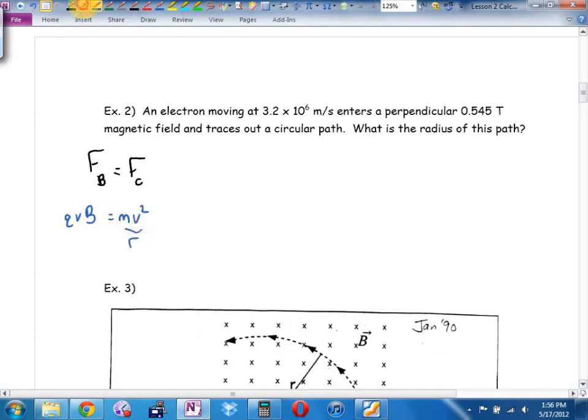I would smile, Hisham, and say, yay, one of my v's cancels. And what am I asking you to find here, Hisham? Get the r by itself. Over, careful. I think you said it wrong. You may have thought it right. Over what? QB, yes.